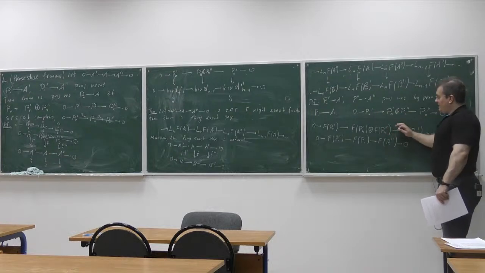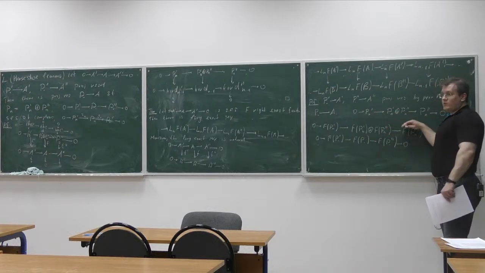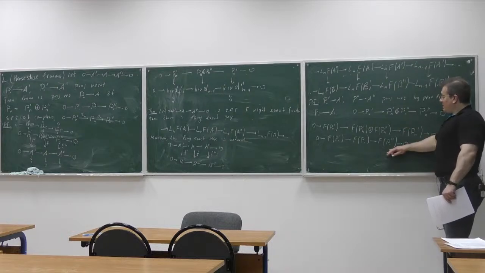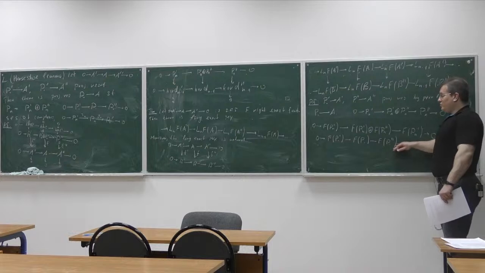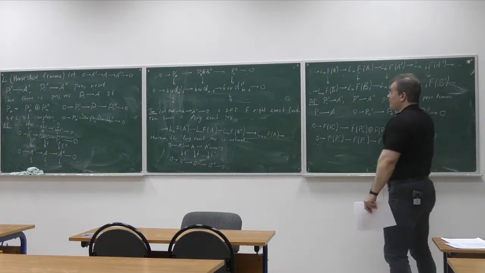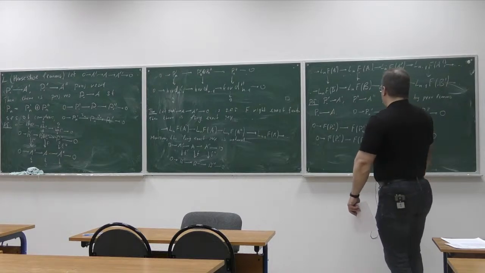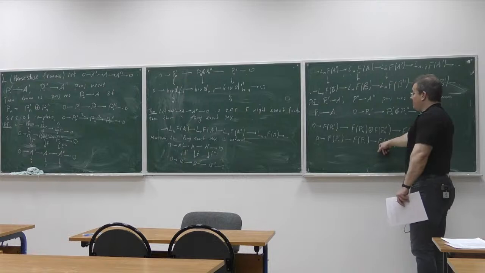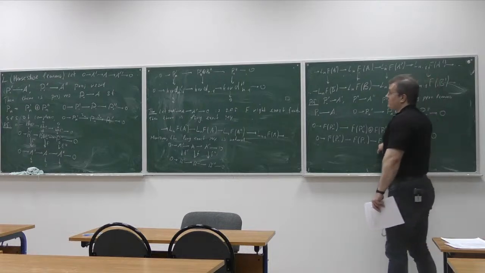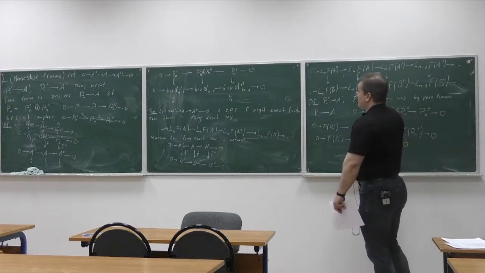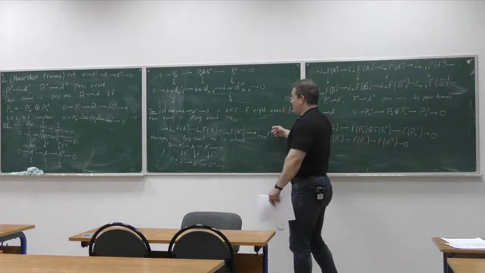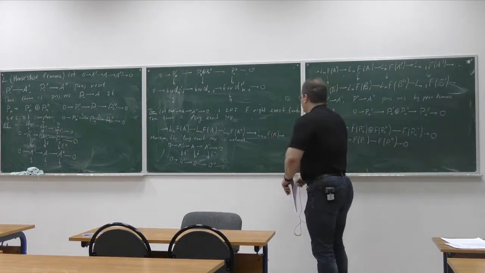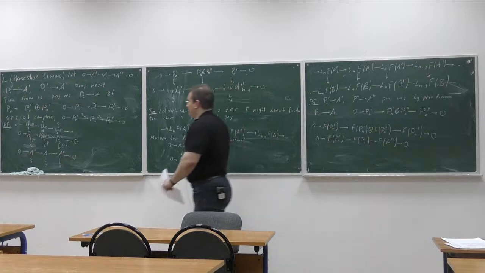But the splitting doesn't give you a map in the category of complexes, so it doesn't commute with the differentials. It's true that this is a short exact sequence of complexes, but it's not true that it splits. So now we just apply the result we proved a week ago: whenever you have a short exact sequence of complexes, you get a long exact sequence of homology, and that's exactly the statement of the theorem. So we proved the first part.